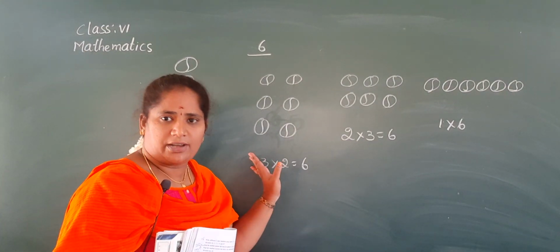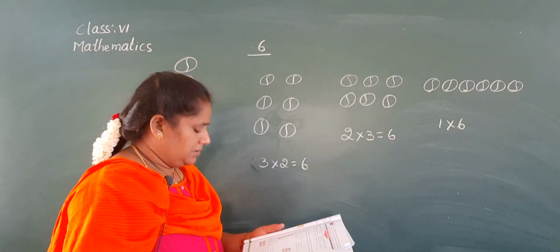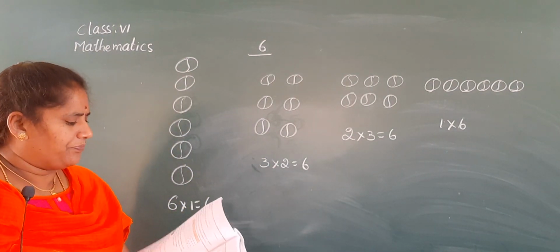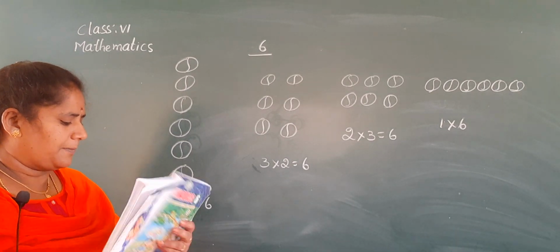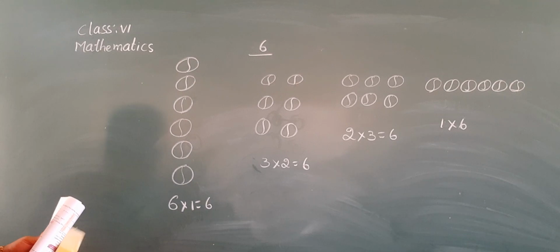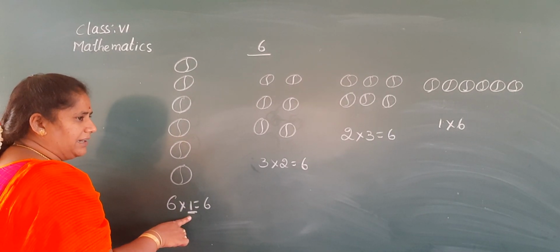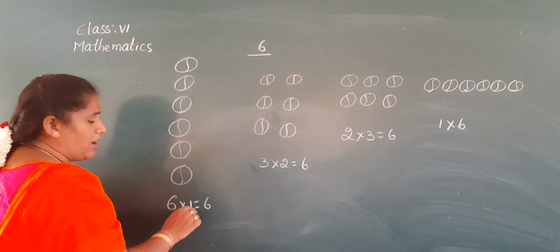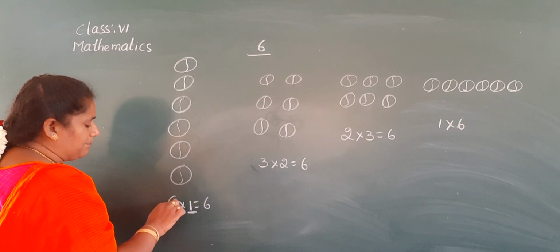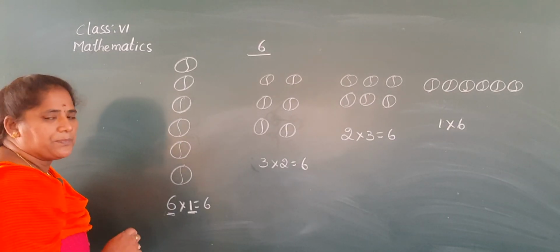Don't write this one in your classwork children, just you have to listen. And next one. 1 is the factor of every number and it is the smallest factor. And the number itself is another factor, so it is the greatest factor.